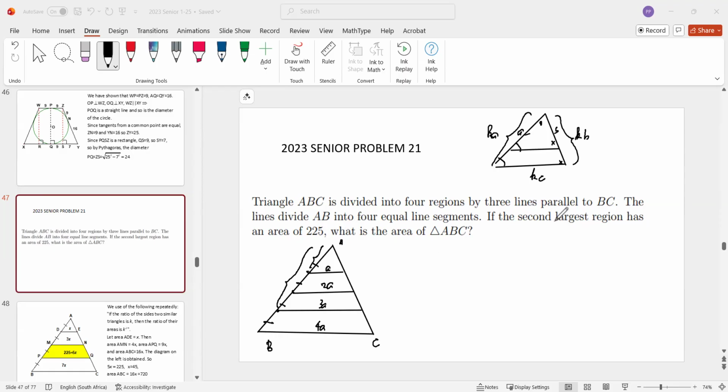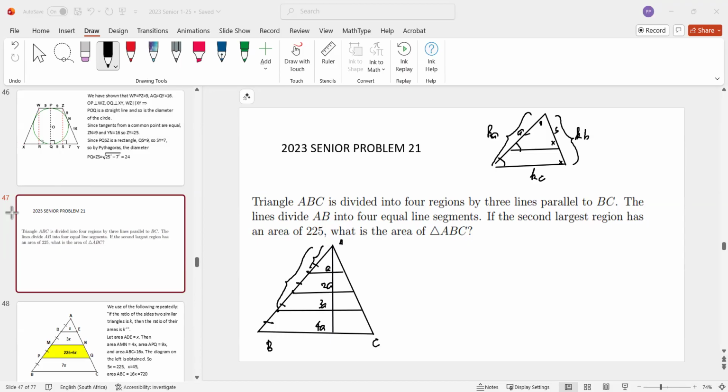Okay. Now, this whole thing is about areas. So we know the areas of these triangles, but we need to know about the heights. Let's have a look at the heights. When I draw the height of this triangle, I can draw one perpendicular.